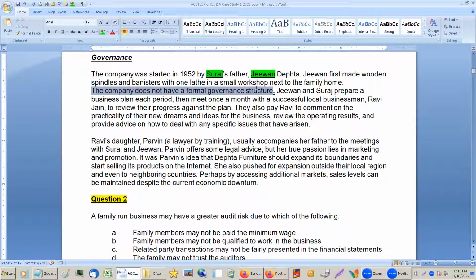The family company does not have a formal governance structure.